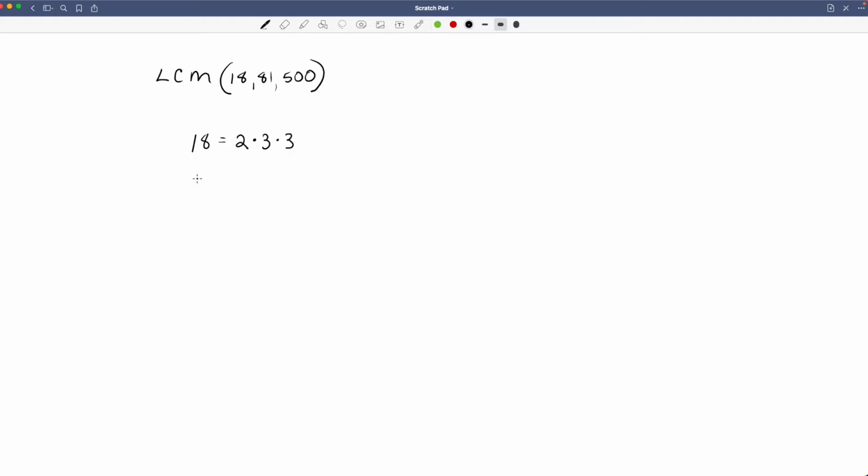So I'm going to look at the factors of 81. And that is 3 times 3 times 3 times 3, because I know 81 is 9 times 9, and 3 times 3 is 9. So that would be 3 four times. And I'm going to look at the factors of 500.